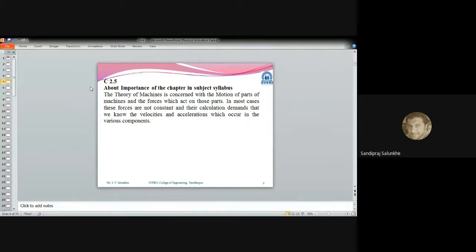So it is included in our syllabus that once you understood the mechanism and its components, one can go for calculating velocity and acceleration.